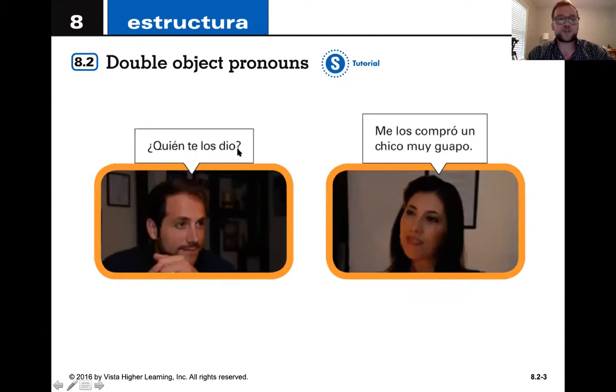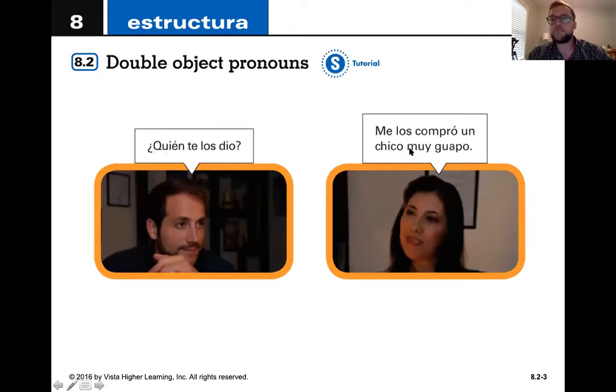Okay, let's look at the sentence quickly. ¿Quién te los dio? Now, no context there, so we really don't know what's going on, but we can assume a few things here. Who gave them to you, right? Who, ¿quién, gave those things, masculine, plural, noun, to you?